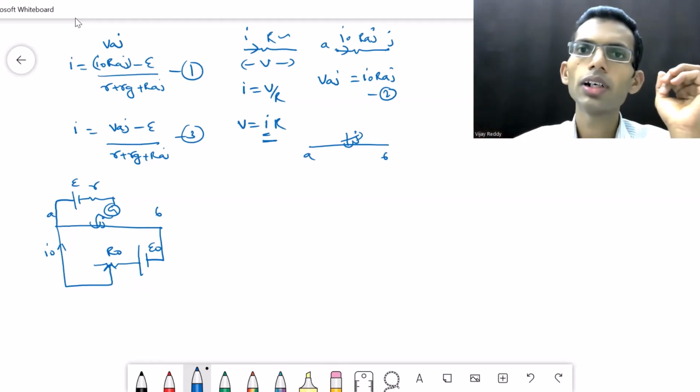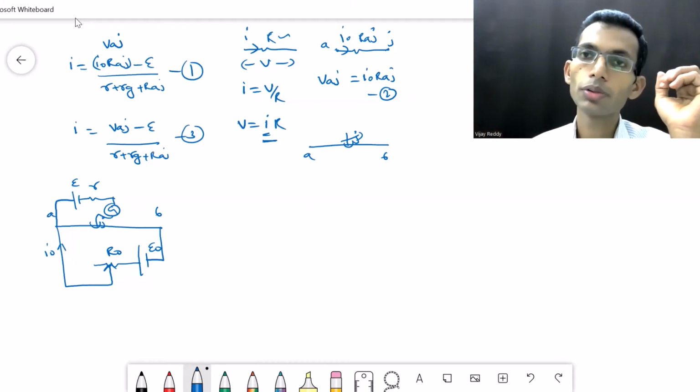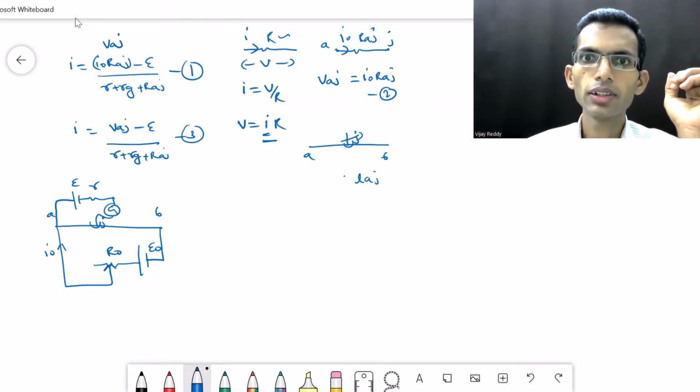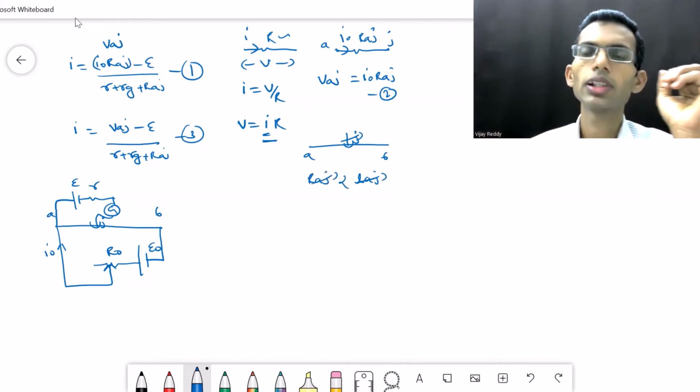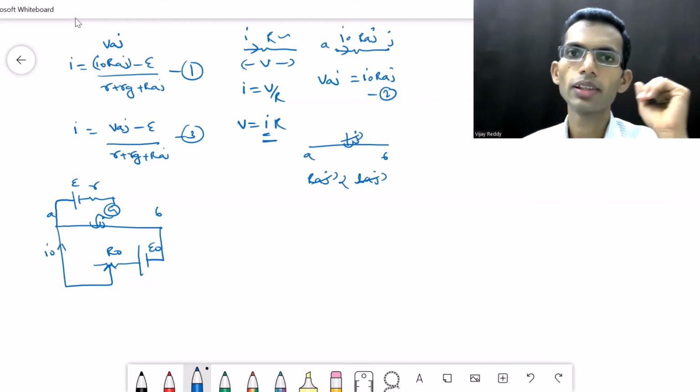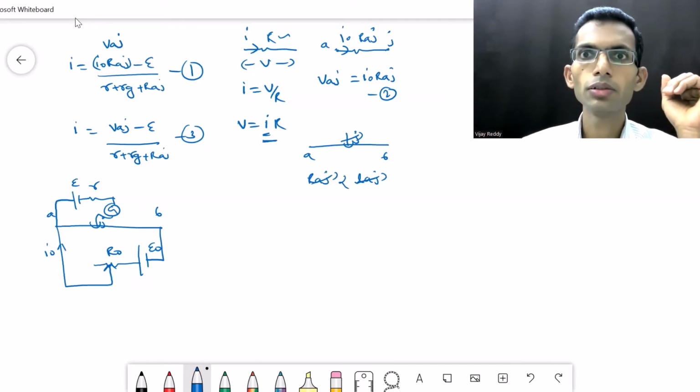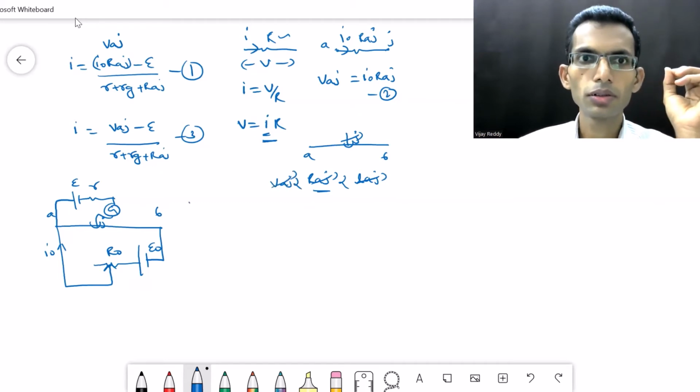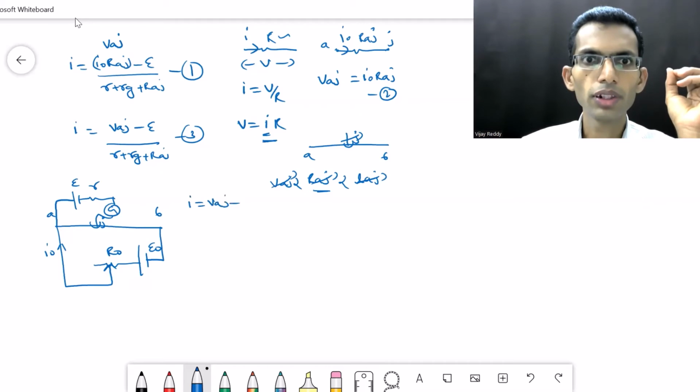When that length varies, the resistance, which is proportional to that length, also varies. So the length of the wire is LAJ. When this varies, obviously the resistance, which is proportional to the length of the wire, is going to vary. So when resistance varies, VAJ, which is proportional to RAJ, also varies. Understood? So in the current expression, VAJ varies when you move the moving contact J on the wire AB.